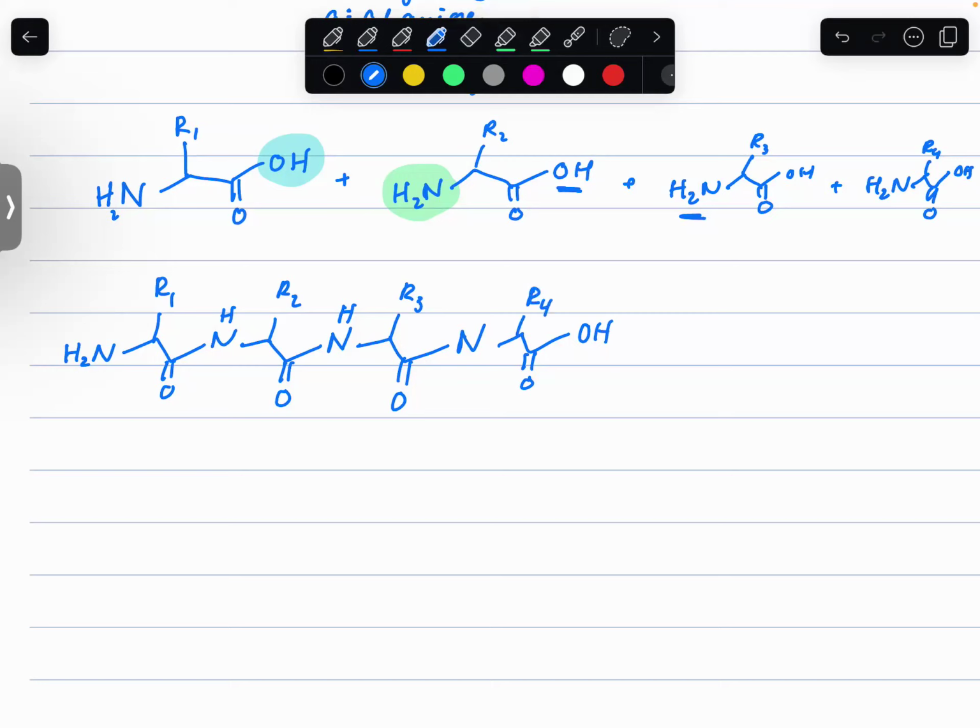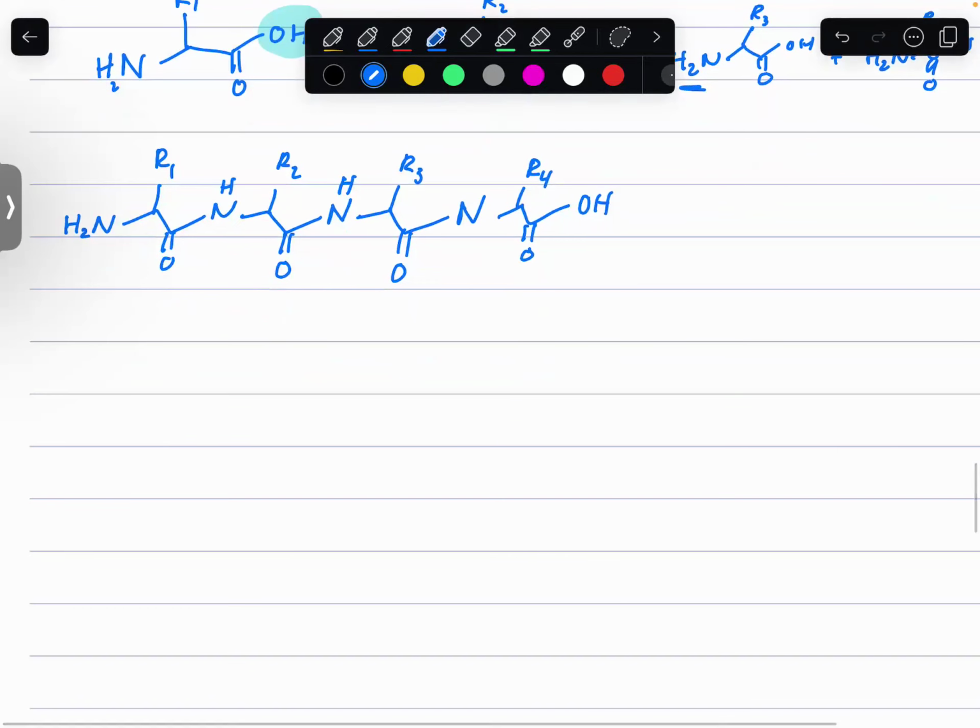Now we can go in and add our R groups according to which amino acids are involved in our chain. So the R group for R, which is arginine, is a 5 carbon chain. 1, 2, 3, 4, 5.